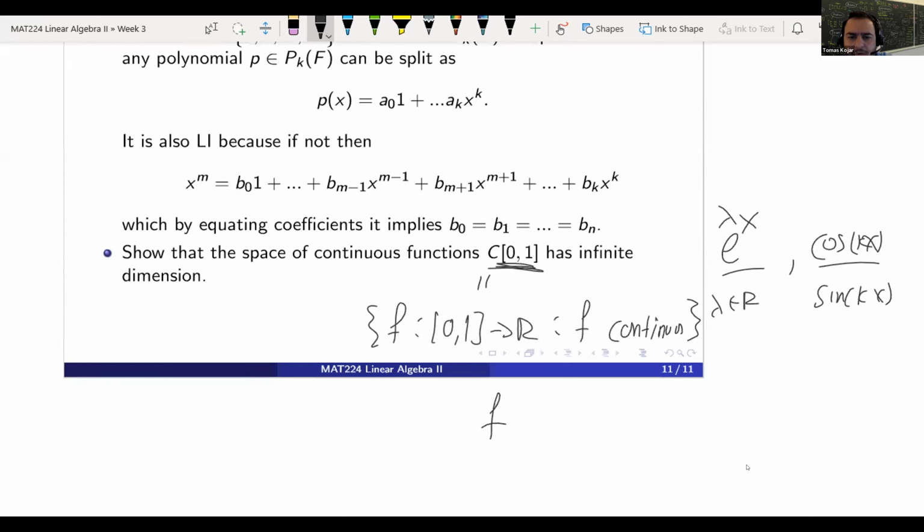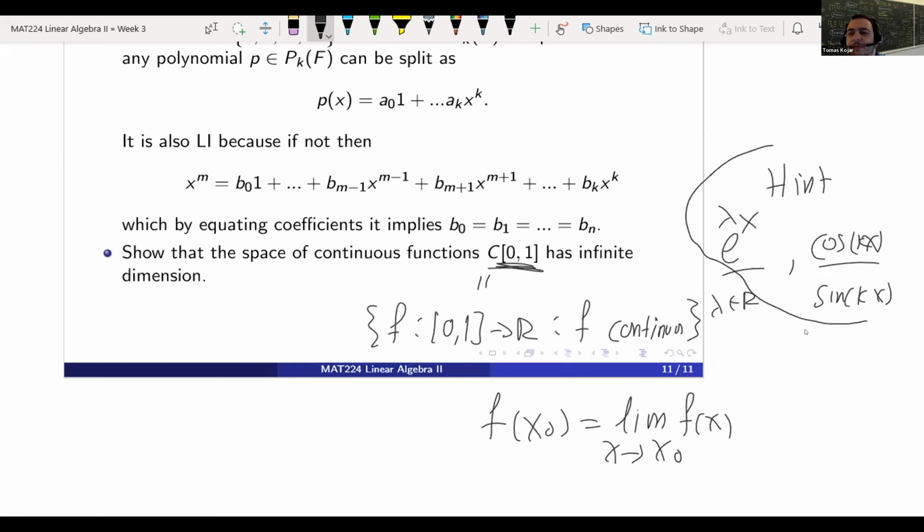Continuous just meant f(x0) is equal to the limit of f(x) as x goes to x0. Is that okay, Maria? So that's my hint, because I want people who attend the class to get it. Thank you guys.